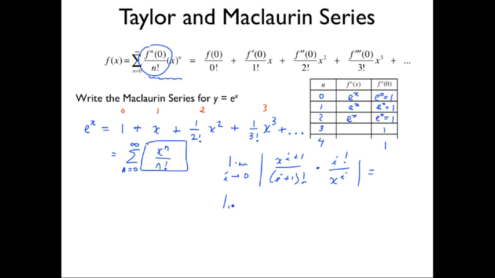And that's going to be the limit as i goes to 0 of what? x to the i plus 1 over x to the i gives you an x, right? (i plus 1) factorial in the denominator, i factorial in the numerator, so i plus 1. And now we evaluate the limit as i gets really big.